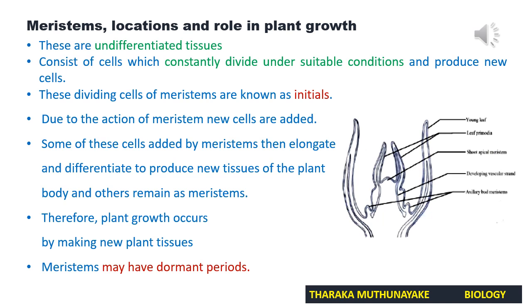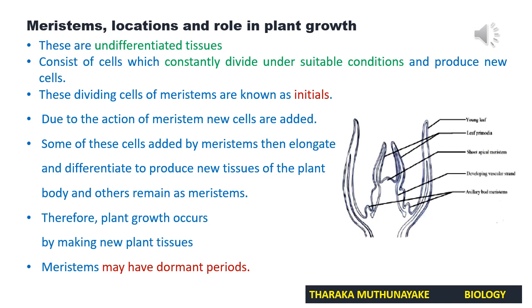First, we will discuss meristems, their locations, and the role of meristems in plant growth. These meristems are undifferentiated tissues. That means cells of meristems, called meristematic cells, are not specialized for a specific function as permanent cells or permanent tissues are. These cells can constantly divide by mitosis.